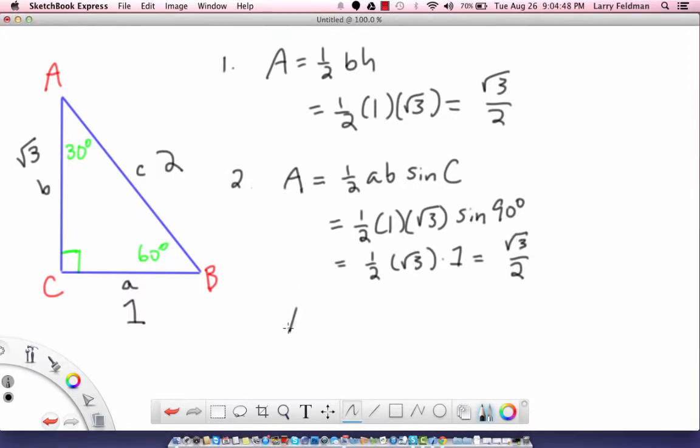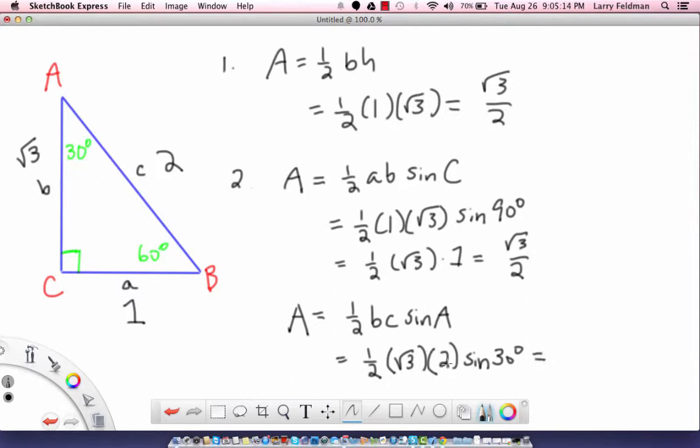We can also say that the area is 1/2 BC sine angle A. B is root 3, C is 2, and we have sine of angle A, which is 30 degrees.